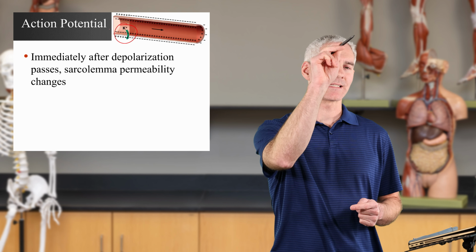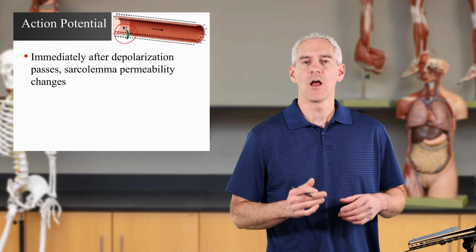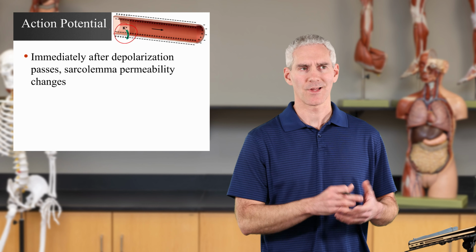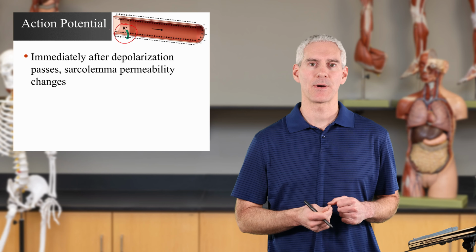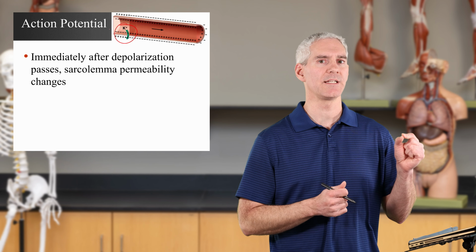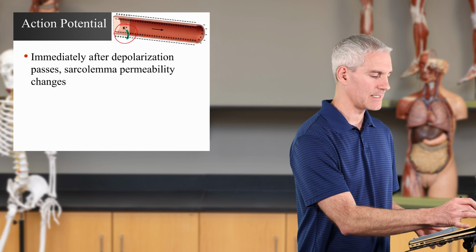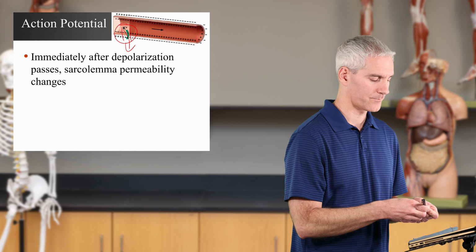Once you reach the top of your depolarization, let's say positive 30, those voltage regulated sodium channels close because sodium's already inside, it's done. Instead, that top part triggers voltage regulated potassium channels to open. And potassium goes out those channels, out of the cell.